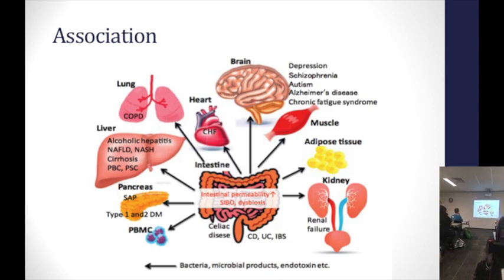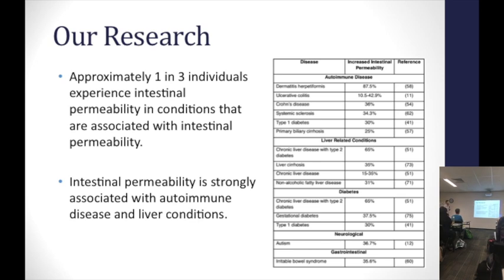Examples of these conditions can be anything from non-alcoholic fatty liver disease, type 1 diabetes, and so forth. In the systematic review that we conducted last year, we proposed that 1 in 3 individuals will experience intestinal permeability in conditions which are associated with it.